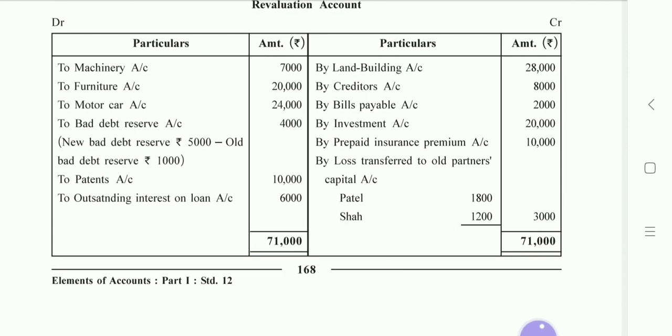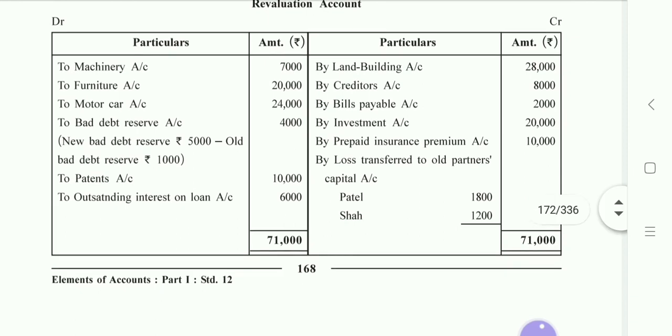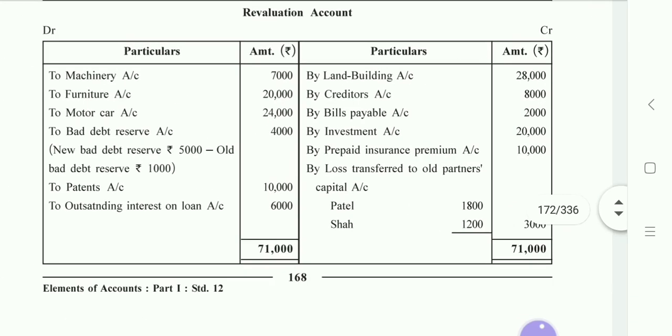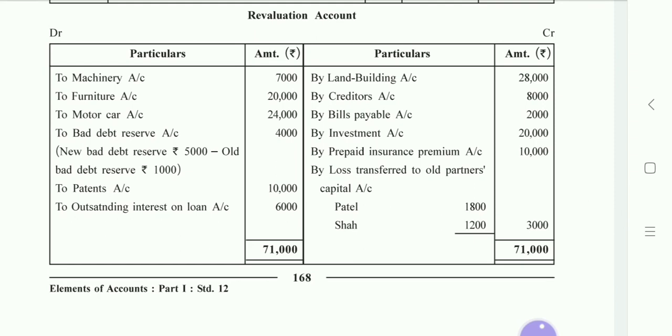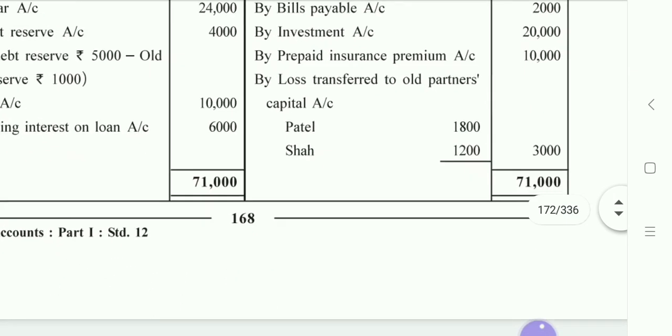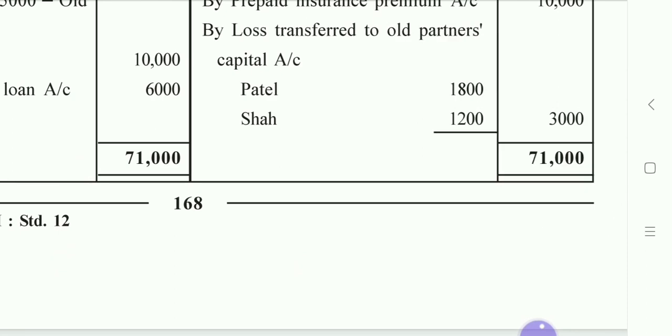So turn by turn, I'm going to deduct the amount of credit side one by one. That is 71,000 minus 28,000, 8,000 and so on up till 10,000. So the amount of difference obtained here is 3,000, you can see.